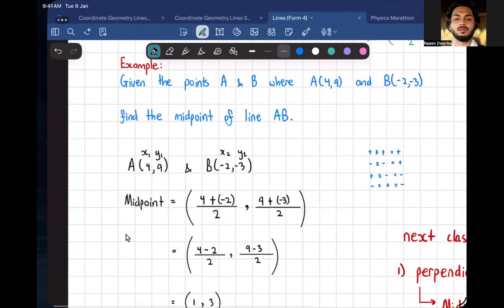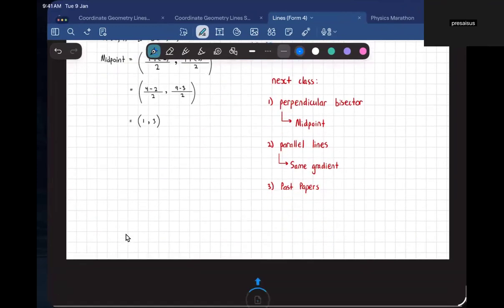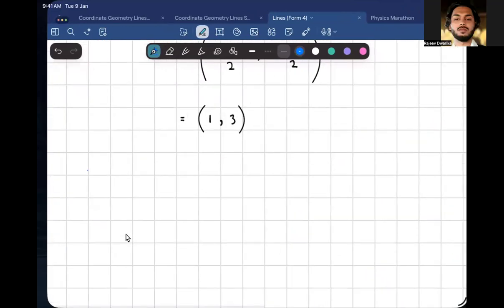Right. Let me add on a next part to this. So we found the midpoint already. Great. Second part.